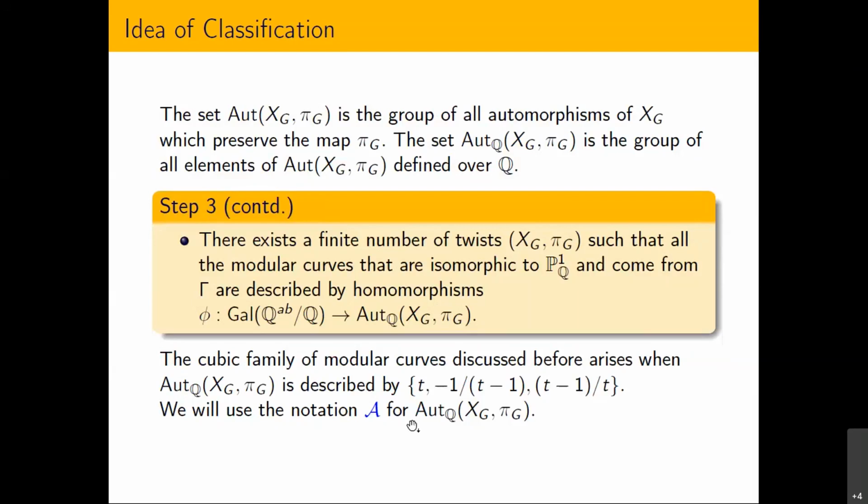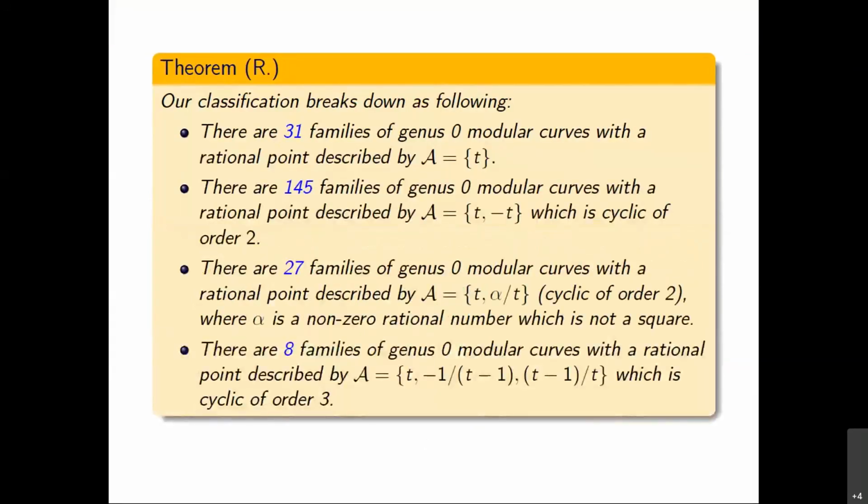Now for the last slide, I'm going to use the notation fancy A for this Aut_Q(X_G, π_G). So the classification breaks down depending on what fancy A is. Fancy A can be of order 1, it can be of order 2, and these two are non-conjugate because if alpha is not a square, then it's not conjugate to t to minus t. So they are two different things.